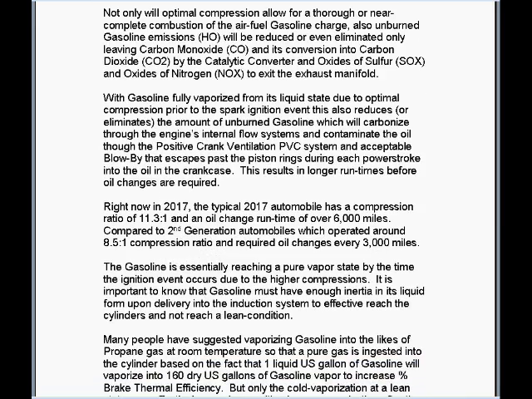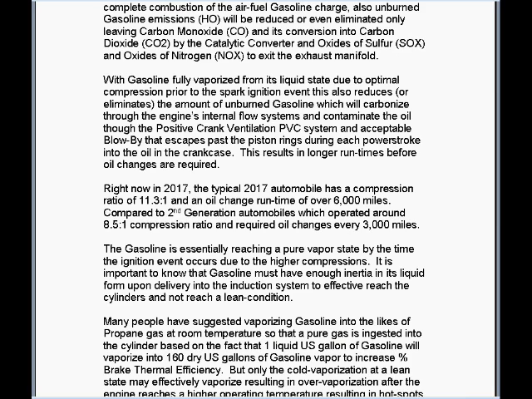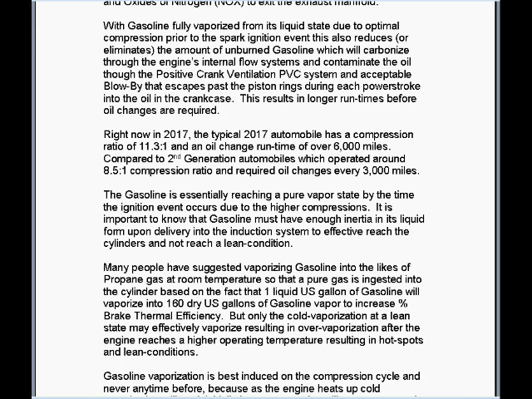Not only will optimal compression allow for a thorough or near complete combustion, also unburnt gasoline emissions, HC, will be reduced or even eliminated, only leaving carbon monoxide, CO, and its conversion into carbon dioxide, CO2, by the catalytic converter, and then, of course, oxides of sulfur, SOx, and oxides of nitrogen, NOx, remaining to exit the exhaust manifold.